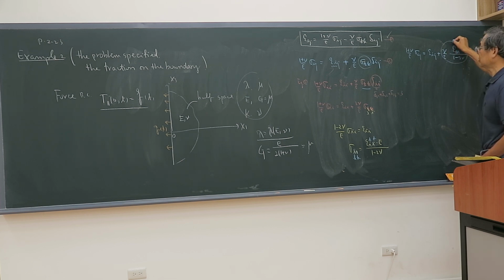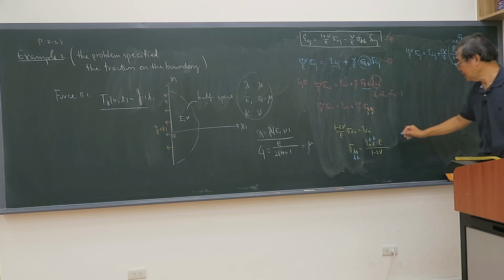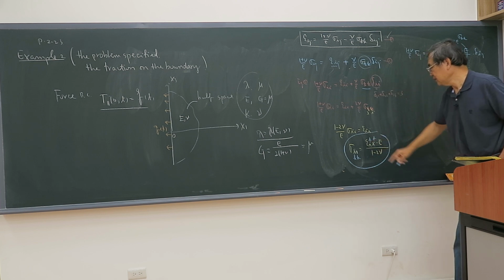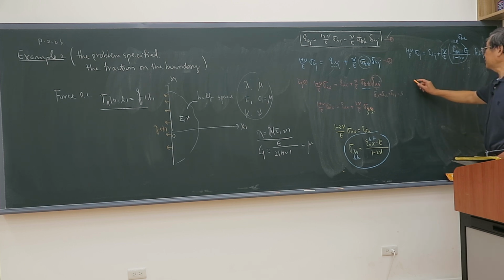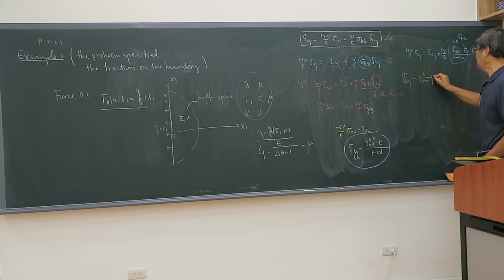Sorry, this is σkk. So I write σkk in terms of εkk. All right? So now I get the relationship σij equal to E/(1 + ν) εij.